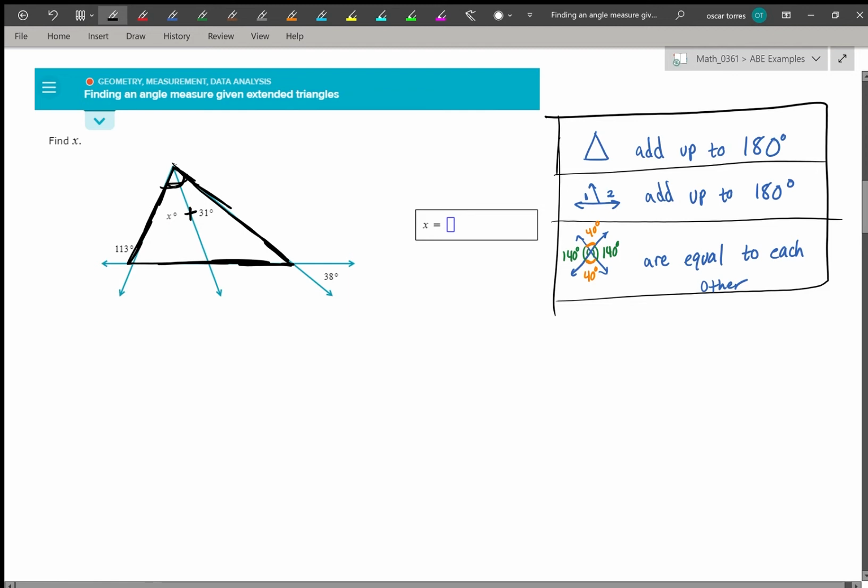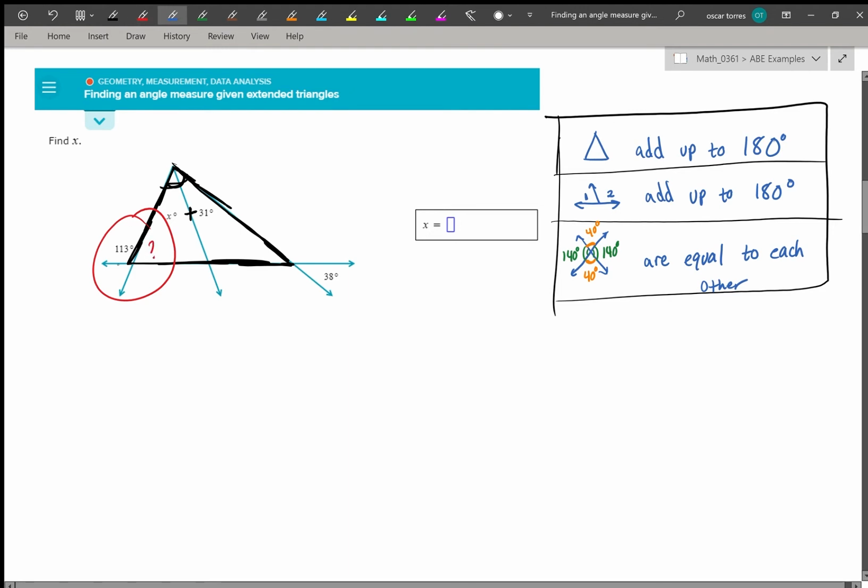Now that I have this angle on the top, I want to figure out what my other angles are on the bottom left and on the bottom right of this triangle. If we focus on those angles one at a time, on the bottom left we have a 113. We need to look for the angle that's inside of this figure.